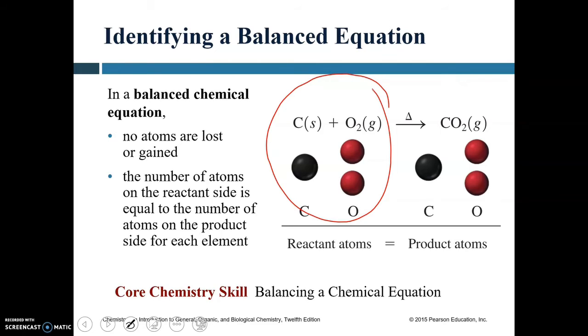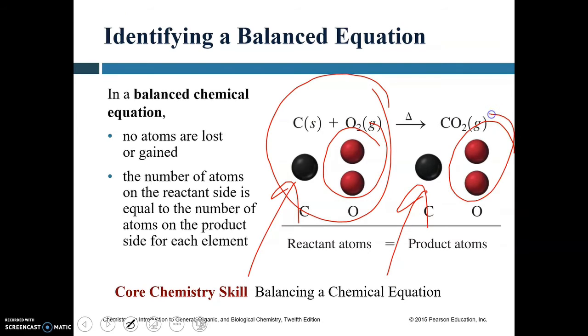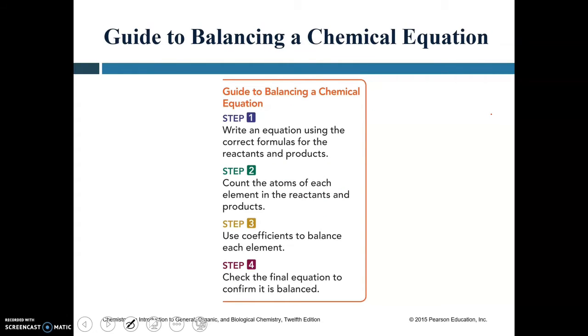This is one of the most critical pieces of knowledge. If you have one carbon on the left, you gotta have one carbon on the right. If you have two oxygens on the left, you gotta have two oxygens on the right. Can't be any other way.